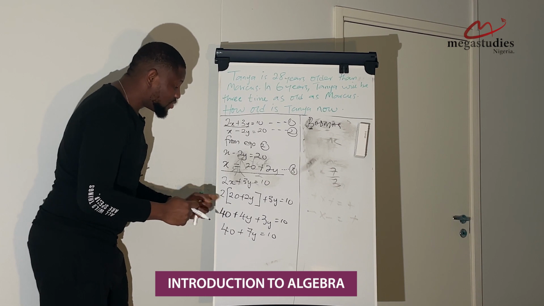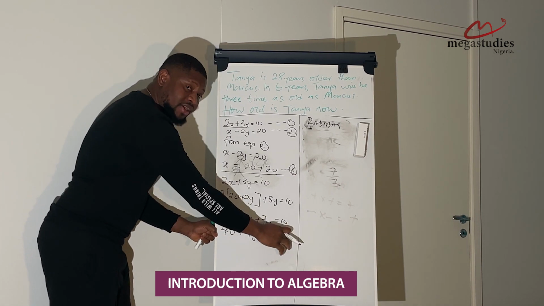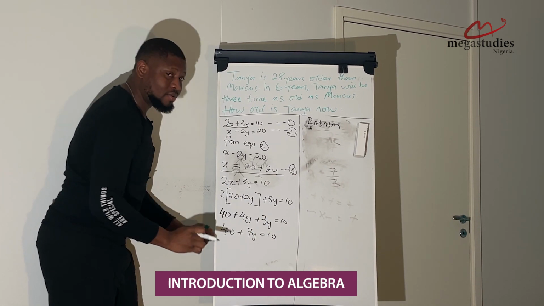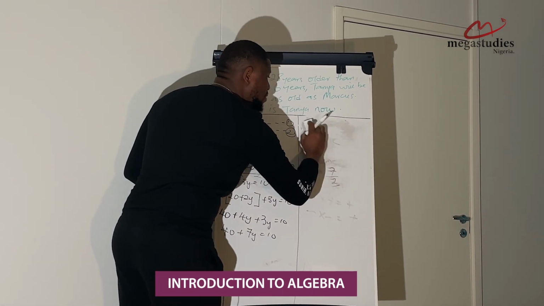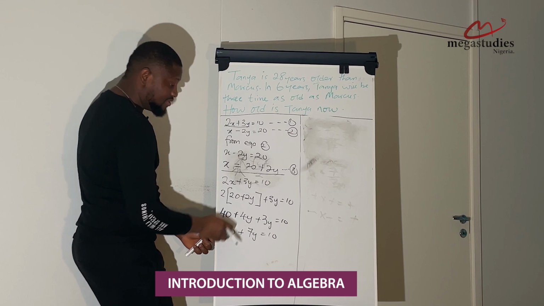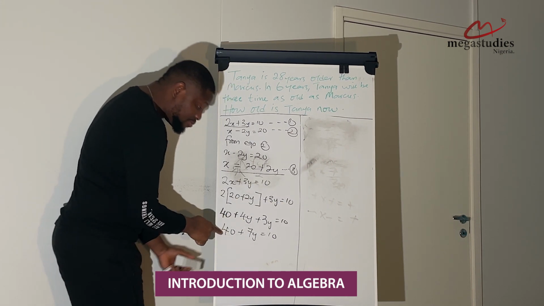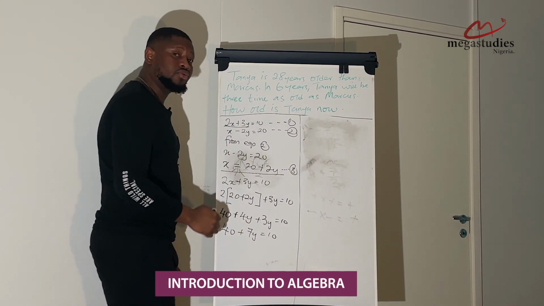By doing that, this 40 has to go this way so that 7y stands on its own. For us to make 7y stand on its own, we have to remove this to the other side. Of course, 40 is positive here. If it's crossing, it will turn to negative.